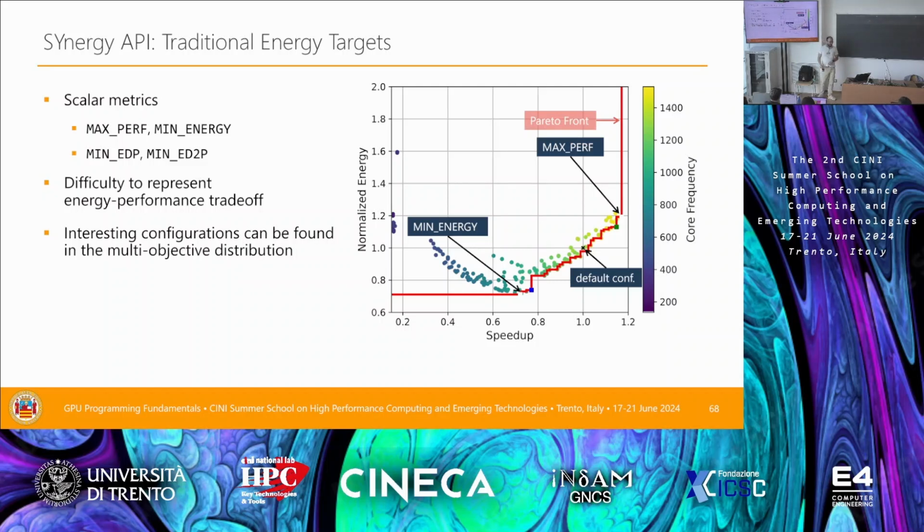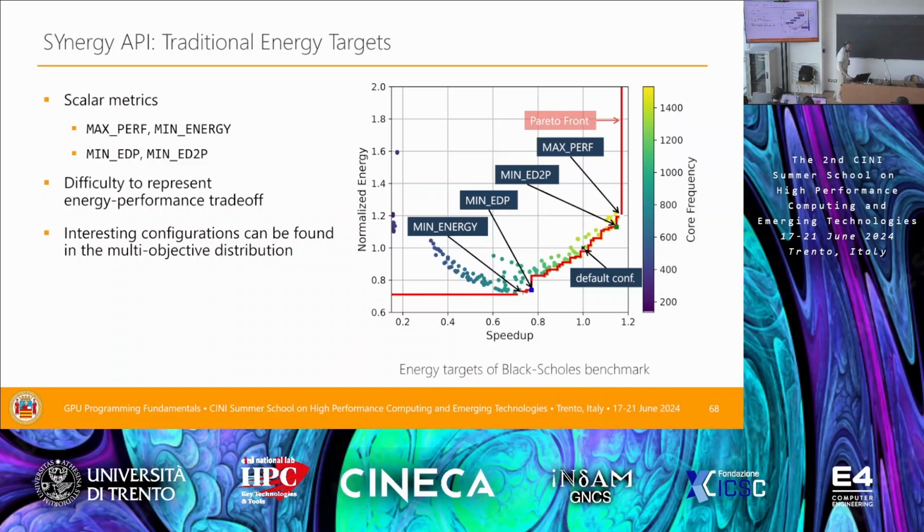Min energy and max performance are energy targets you can provide to a parallel_for. Plus, we support EDP and ED2P. Those are well-known metrics if you are from computer architecture. EDP means energy delay product. It's typically very close to min energy, and ED2P is typically very close to max performance.